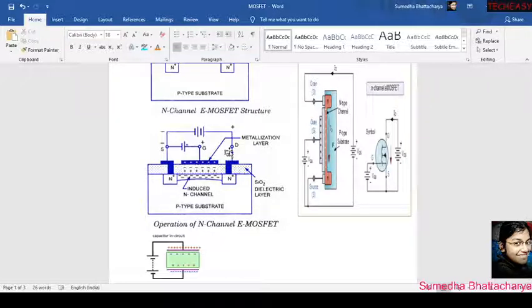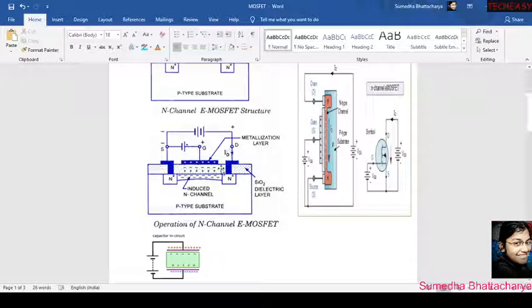In the case of JFET, I told that there is a counter effect of the VDS: when the VDS is increased, the current will also increase, but there will also be a counter effect of VDS. What is that? The N channel will become narrower in the case of JFET. So it will resist the current from flowing from drain to source.